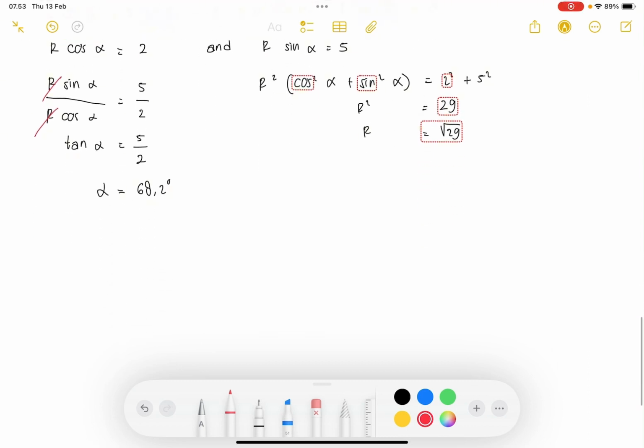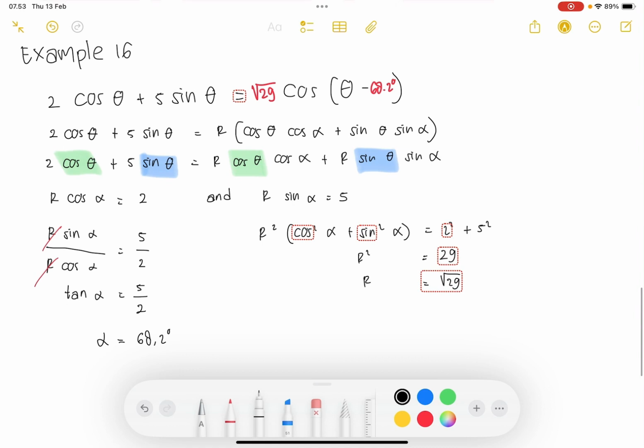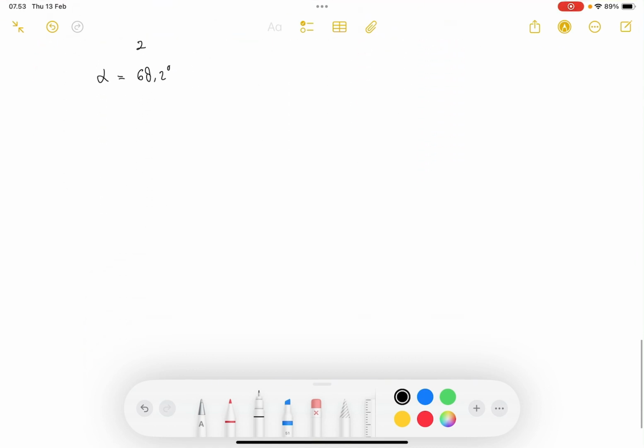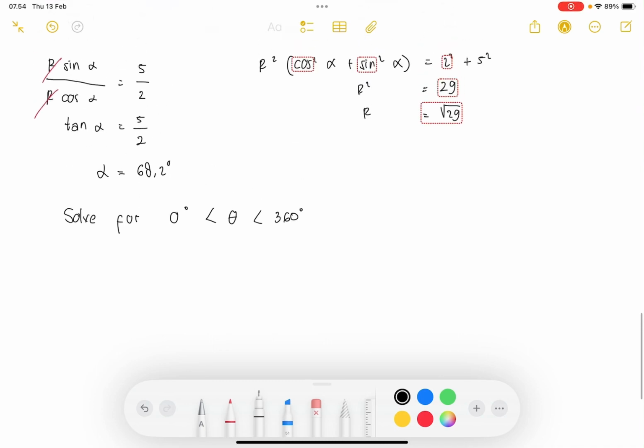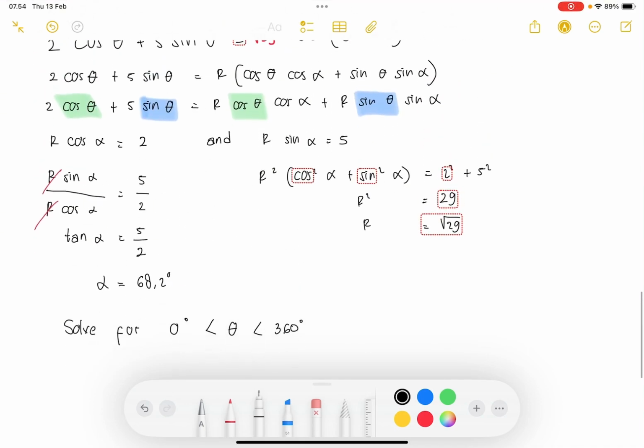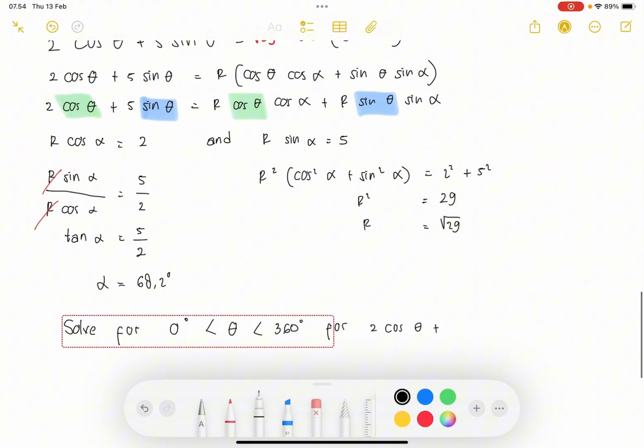Okay, now we're going to go to solve this equation. The question in your book here is solve for 0 degrees till 360 degrees, from this equation, 2 cos theta plus 5 sin theta.